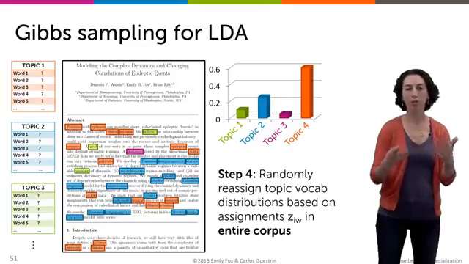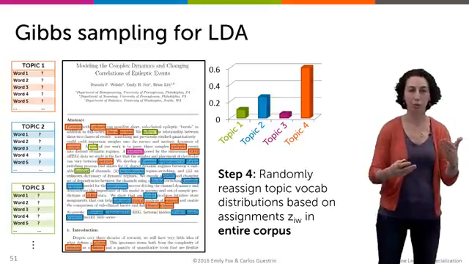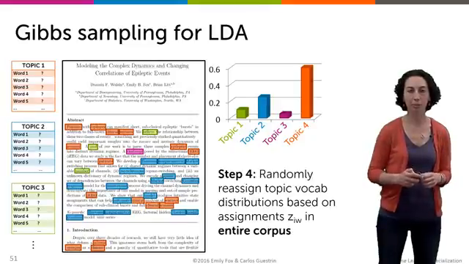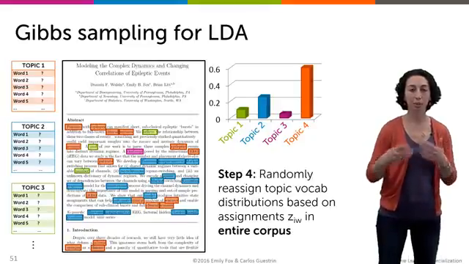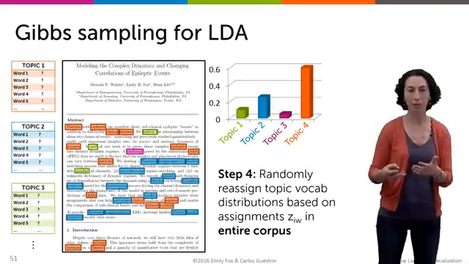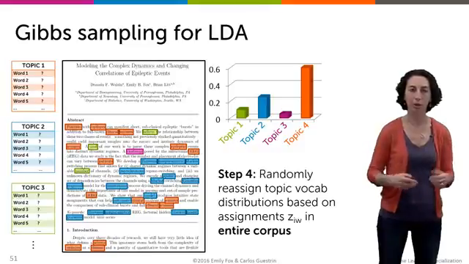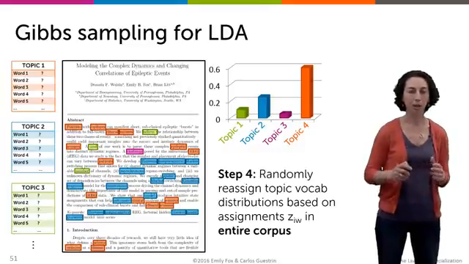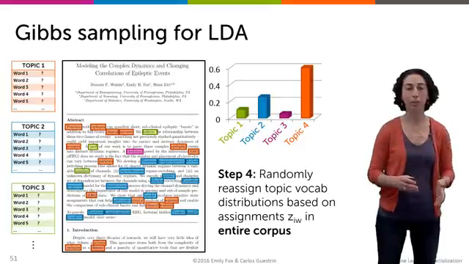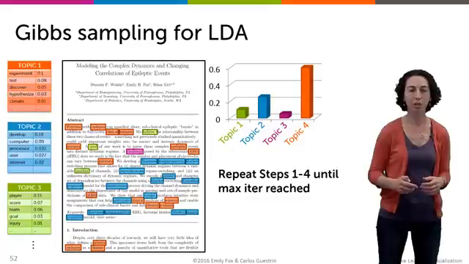And we can do this for every word in our vocabulary for each one of these different topics. But again, these counts of topic usage within the corpus are regularized by priors placed over these topic vocabulary distributions in our Bayesian framework.